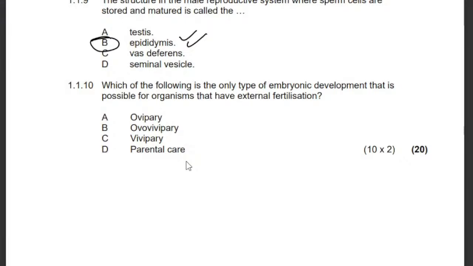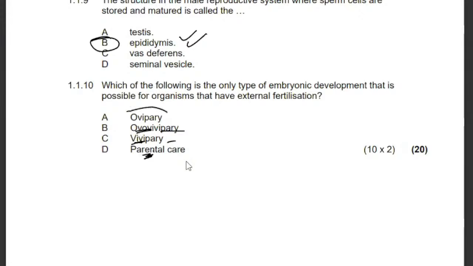Which one of the following is the only type of embryonic development that is possible for organisms that have external fertilization? The moment you talk about external fertilization, definitely not viviparous, because viviparous is internal fertilization. Parental care is not a strategy.